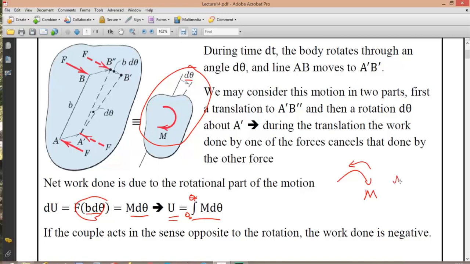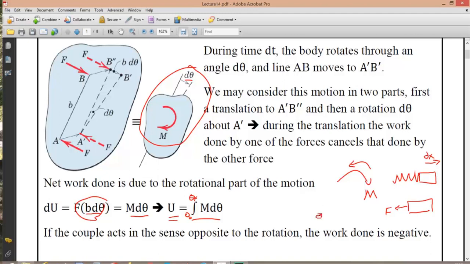If you remember the spring example, there's a spring and a particle, and as we move this particle in this direction, there is this motion of dx, and the force applied by the spring is in the opposite direction. This is the force applied by the spring on the body, and in this case the work done by this force on the body is a negative work, because the direction of motion and the force direction are different. This is the same thing for torsional springs.